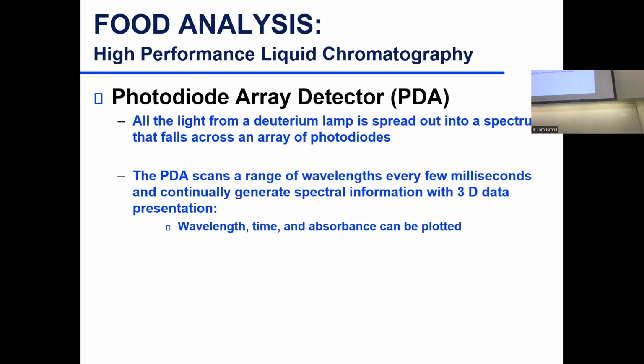So it gives you a spectrum, absorbance over a wide range of lambda. It's like your fingerprint for the molecule. To a certain extent, that gives you a unique identity.